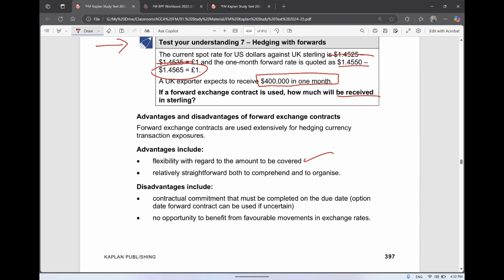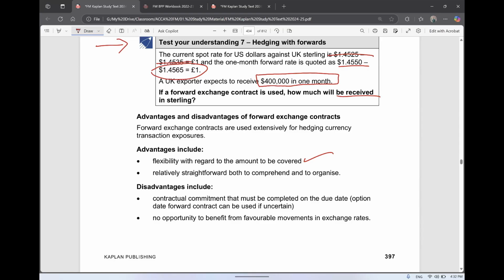What is a currency future? A currency future is again the same as a forward agreement, but not with a bank. It's with a forex market. If you want to go with a currency future, you have a standardized contract.